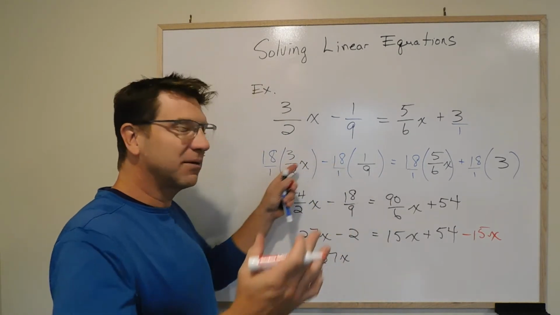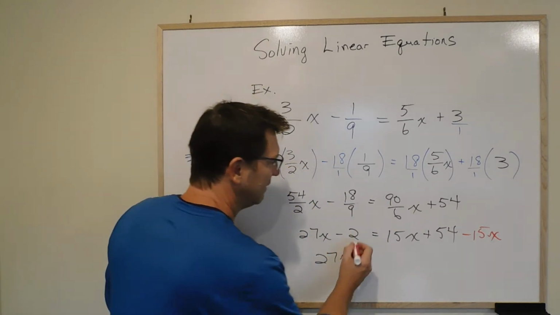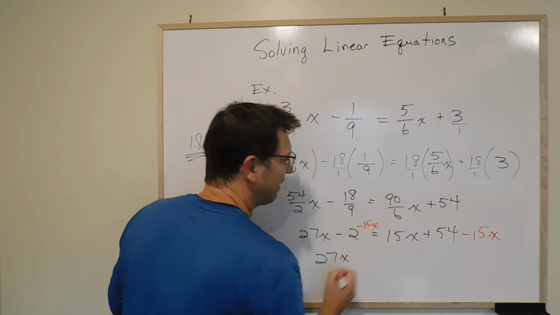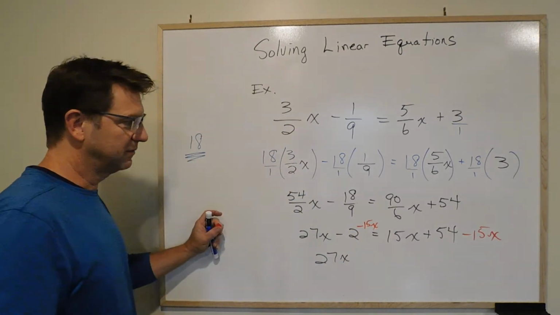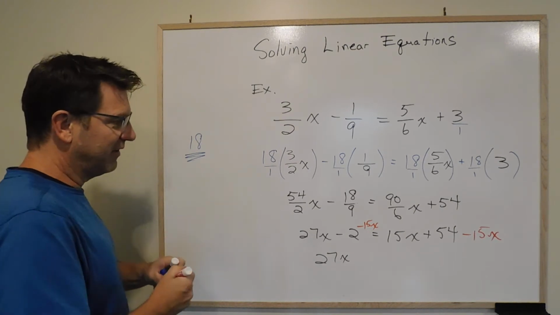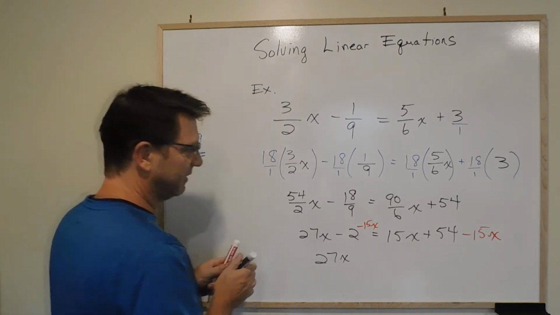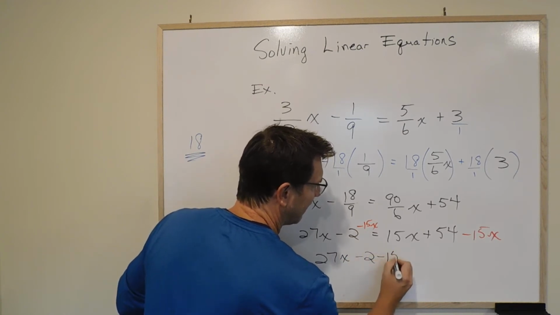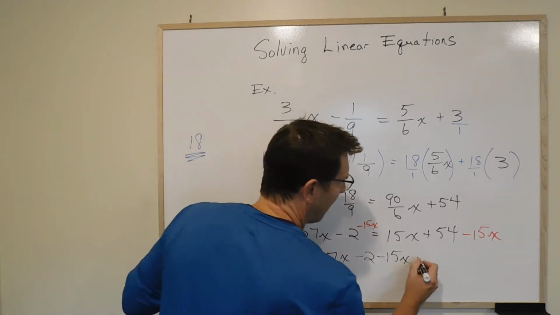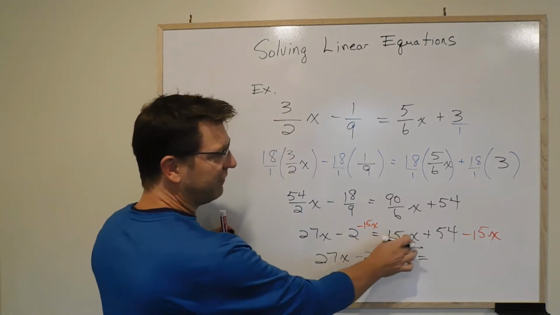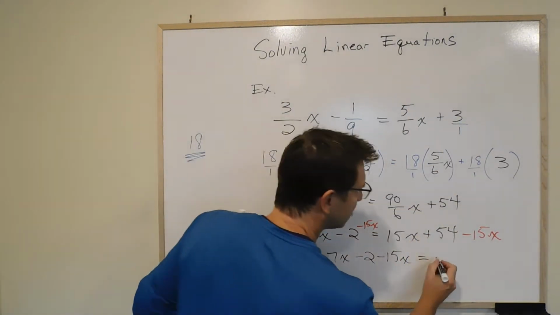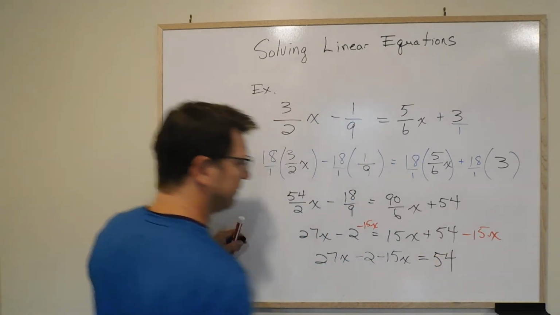But remember we talked about that balance, that equivalency. As long as I subtract 15x on this side, it'll work. So I know I have the negative 2 here still, and I'm going to subtract 15x here, and then over here, 15x minus 15x is 0x, is nothing, so I'm just left with 54.